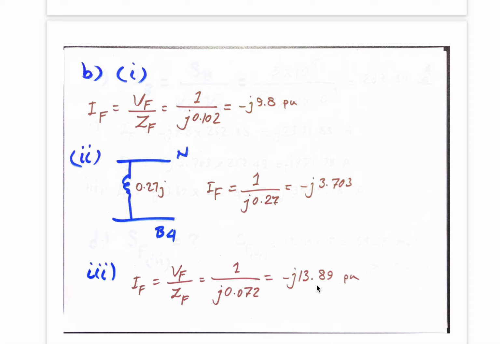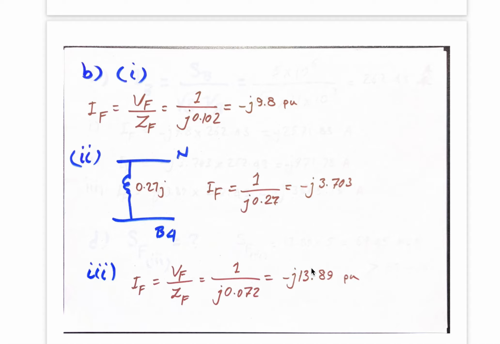So in this case, current and power in per unit are the same. That's why when they ask what is the actual fault level, which is actual fault power, you again take these per unit values and multiply them by base power, the same way you do for actual current.